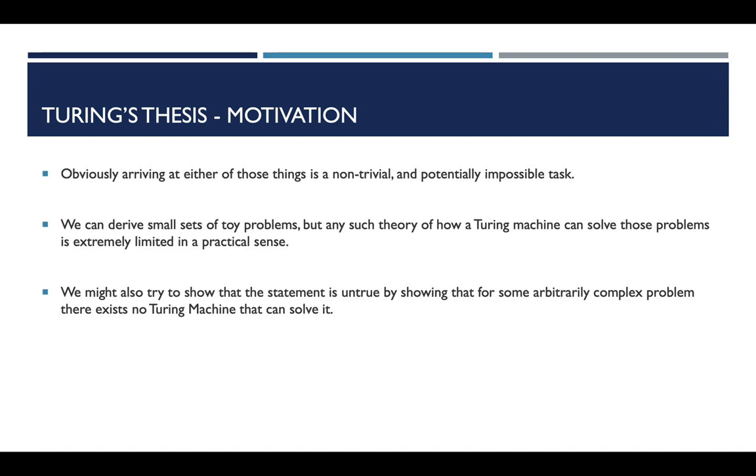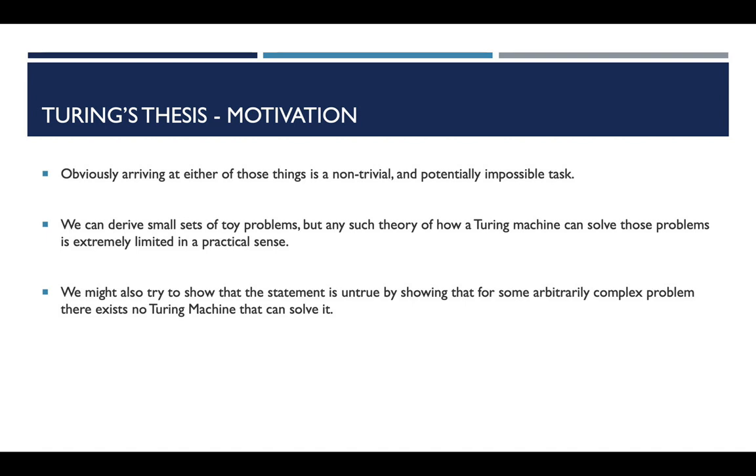And so what we might also be tempted to do is try to show that the Turing's thesis is not true by showing that there is some arbitrarily complicated problem that some Turing machine cannot solve. And so this is where we get into unsolvable problems or yet to be solved problems. But even that doesn't necessarily provide any practical insight into Turing's thesis.